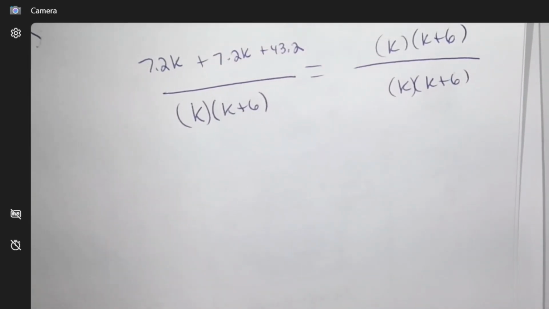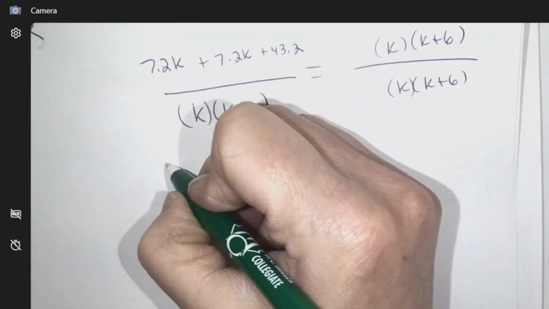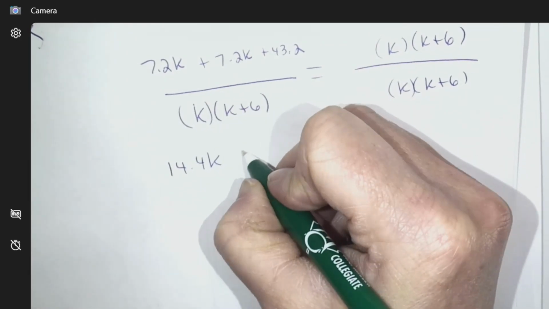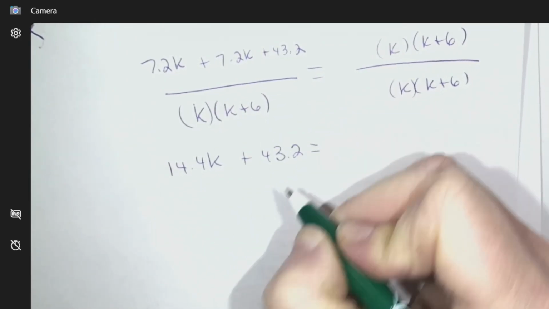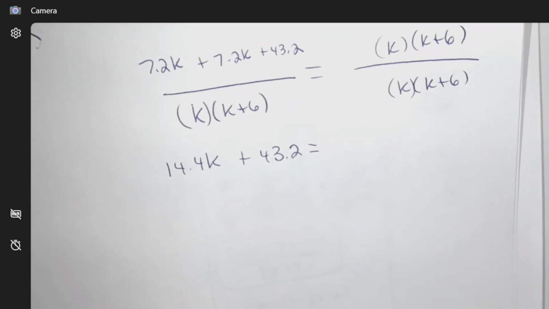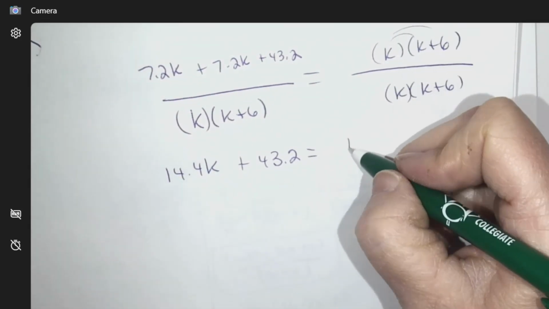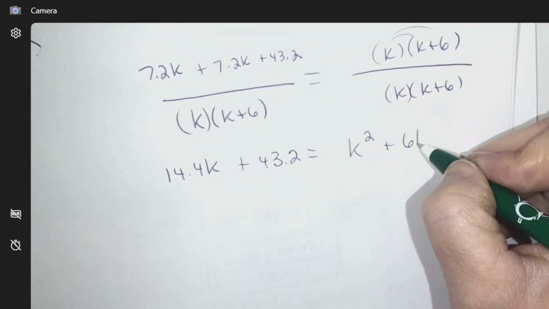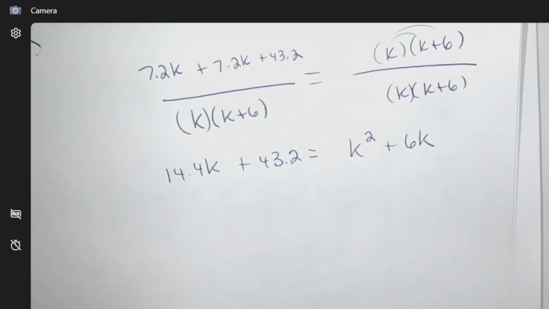Okay, so why is this question harder? Now is where it gets harder. Okay, so I'm going to go 14.4k, putting that together. And I'm going to do a k squared. So this is why it's harder, because you can't isolate, right?